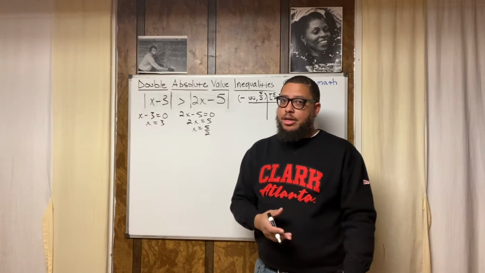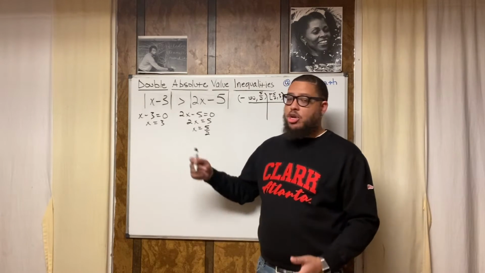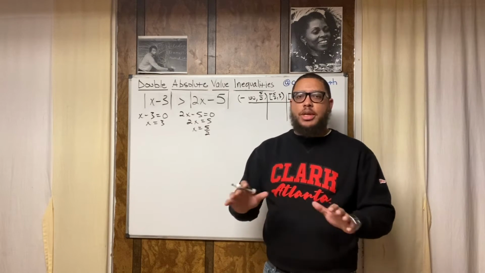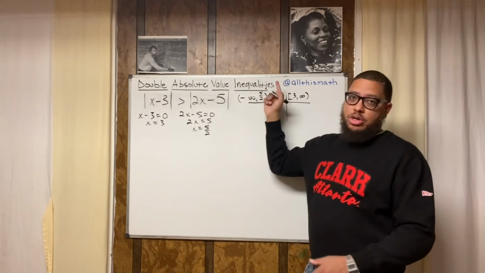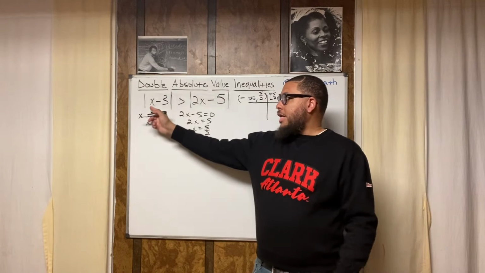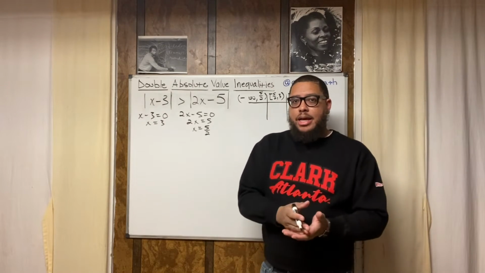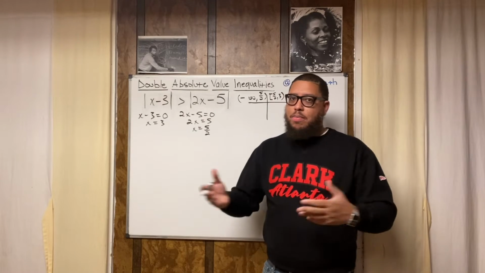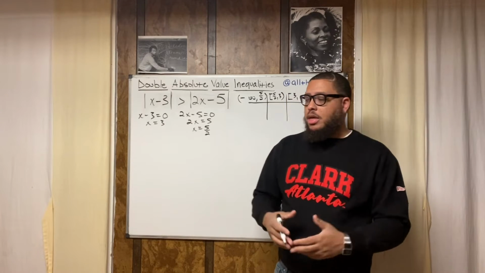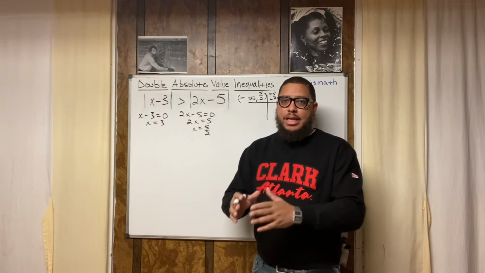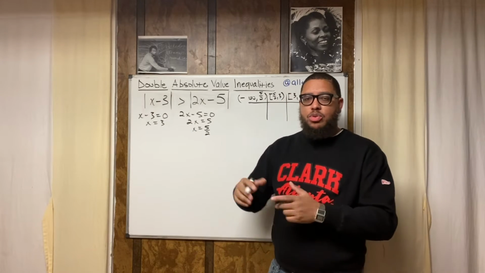If we end up with a negative, that means that in the inequalities that we're going to create, we're going to take the opposite of the expression, meaning we're going to make it a negative. If we end up with a non-negative, meaning 0 or positive, then that means that we're going to keep the expression exactly the way it is in our inequality that we're going to do in our next step.